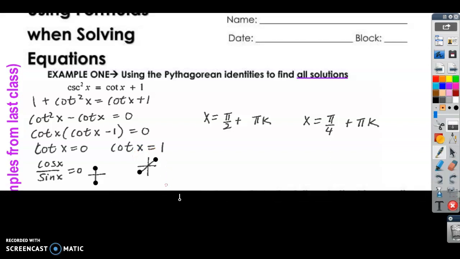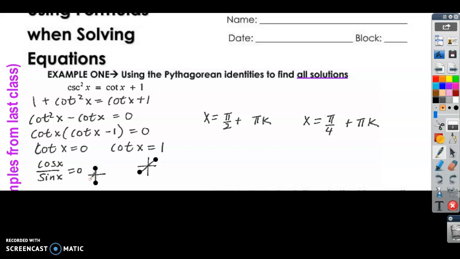Where does the cotangent of x equal 0? The cotangent is cosine over sine. So in order to get to the next solution, you can just add pi for both of these. So for this solution, you can just say pi over 2 plus pi plus pi plus pi an infinite number of times.